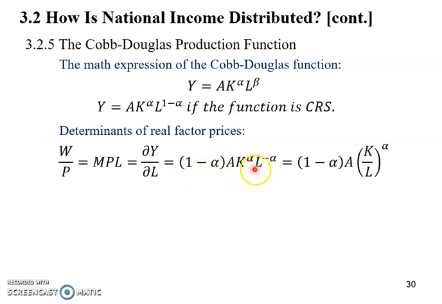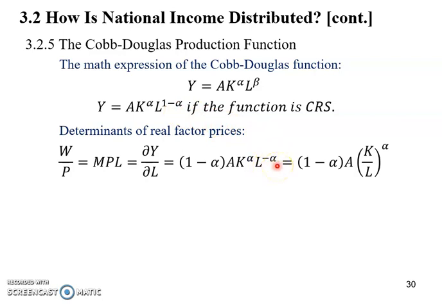Then the exponent becomes 1 minus alpha minus 1, and the 1 and the minus 1 cancel out, so what's left as the exponent of labor is just minus alpha.